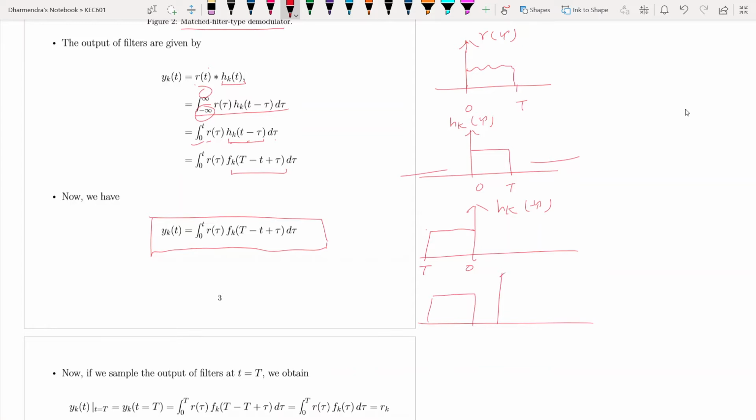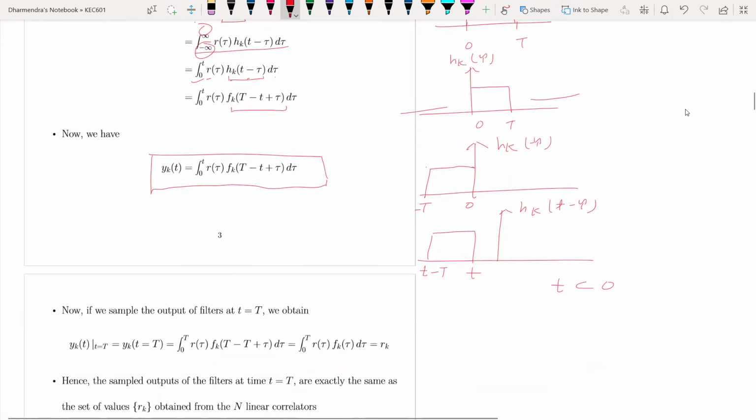If I want to plot h k of t minus tau, I shift it by t. If t is less than 0, the product of r of tau and h k of t minus tau will be 0.